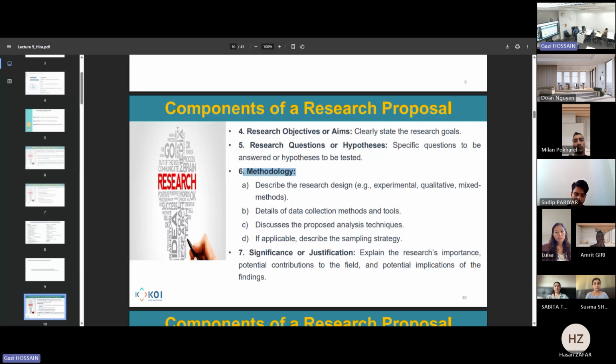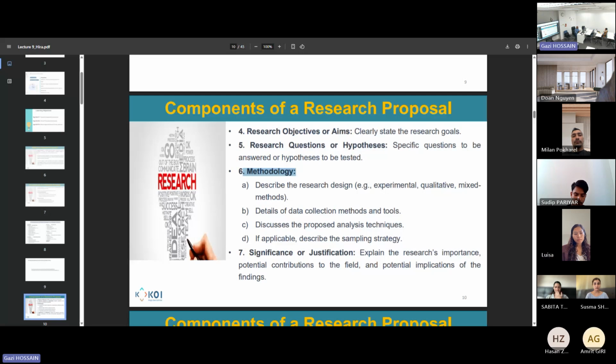If you only focus on how to collect the data and there is no discussion about how you will be analyzing those data, then it is incomplete. Therefore, we need to focus on both. For data collection, we know that there are two main ways to collect the data: primary collection and secondary collection.